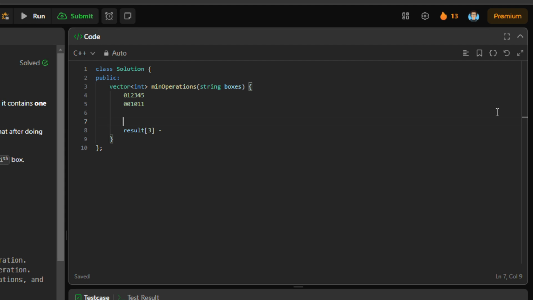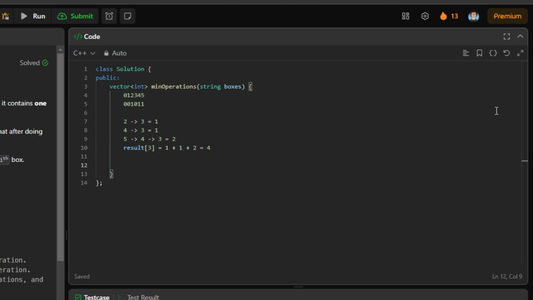You will move the ball from position 2 to position 3 and it will take only one move. You will move the ball from position 4 to position 3. This will also take only one move. You will move the ball from position 5 to position 4 and from position 4 to position 3, and this will be 2 moves. So the total number of moves will be 1 plus 1 plus 2 equal to 4.